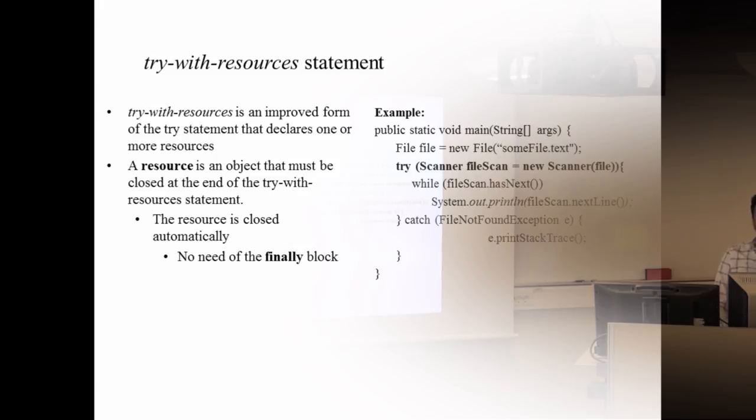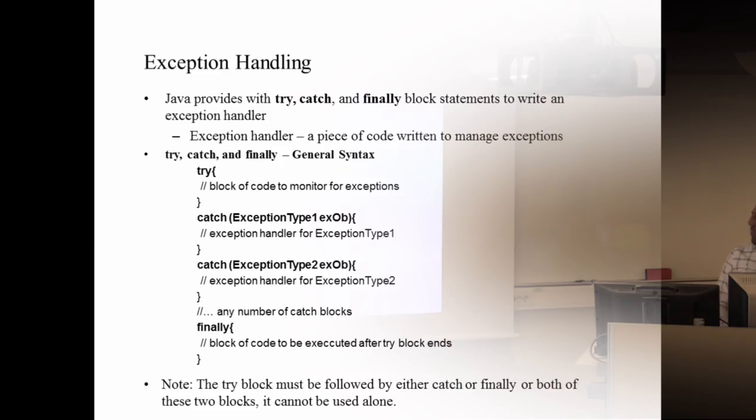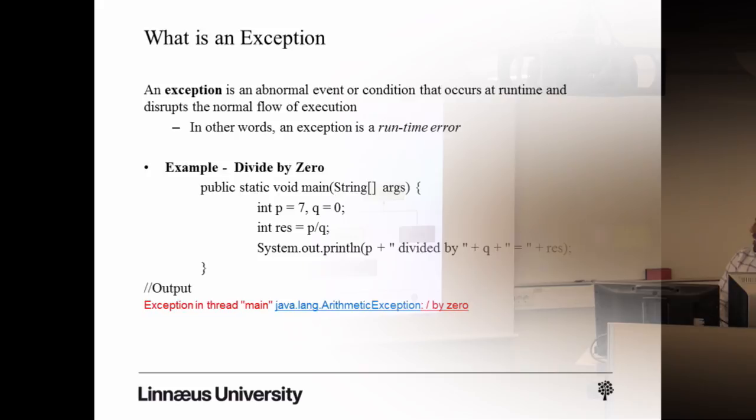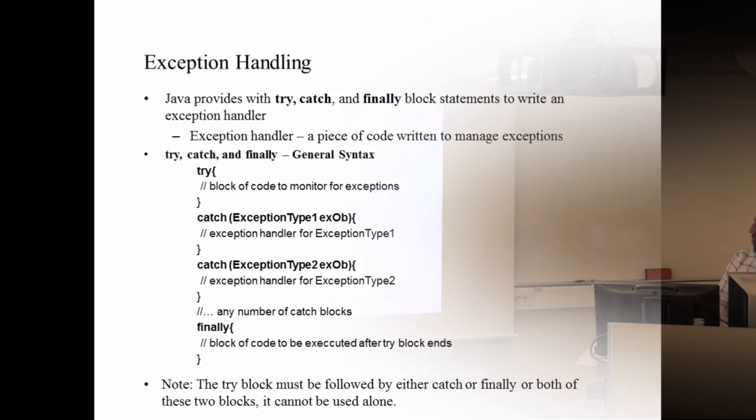So that was a few important things about exception handling. In short, what is important is that you should know how you can handle your exceptions, using try, catch and finally blocks. Whatever code you want to monitor for exceptions, you should put within the try block.